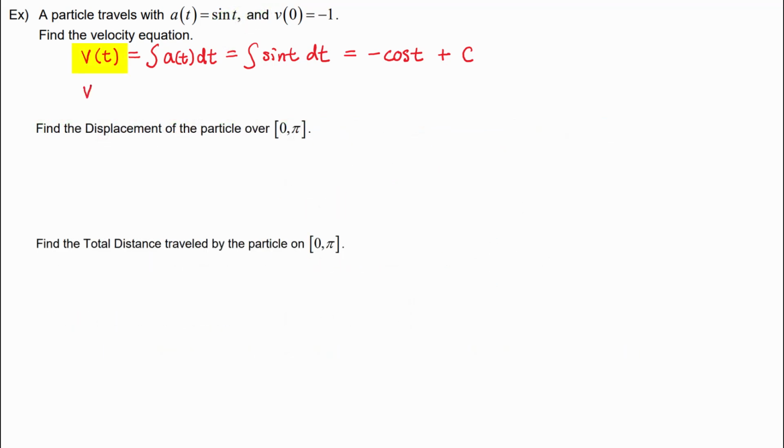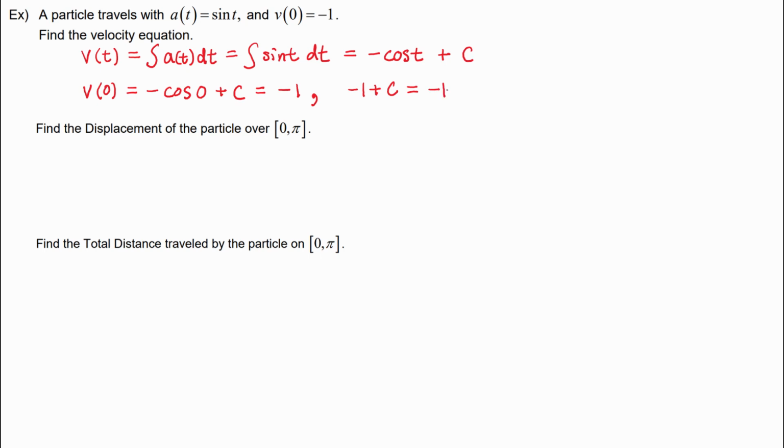So v sub 0 is equal to negative cosine of 0 plus c. And it says that value is equal to -1. And what's the cosine of 0? Yes, cosine of 0 is 1. So negative cosine of 0 is -1, plus c equals -1.